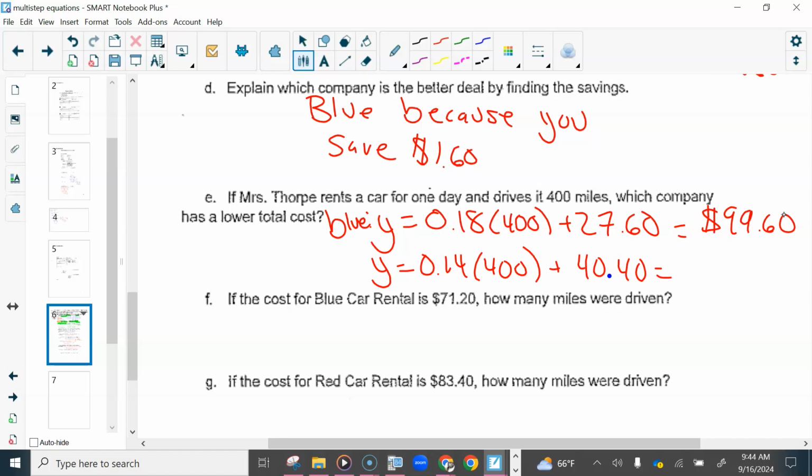Put that into your calculator if you didn't already. 0.14 times 400 plus 40.40. 96. So it looks like, which one has the lower cost? The red.